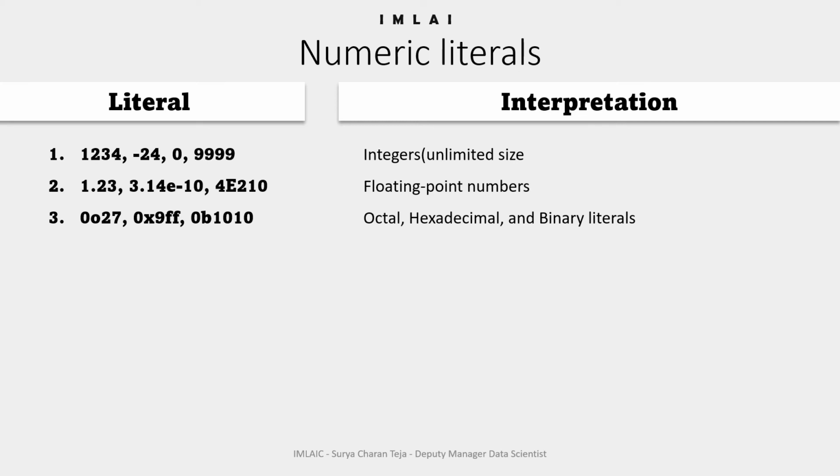To use these number systems in Python, we use the 0 literal for octal, 0x for hexadecimal, and 0b for binary. When you mention 0 and some digits, the system automatically understands this is the octal number system.